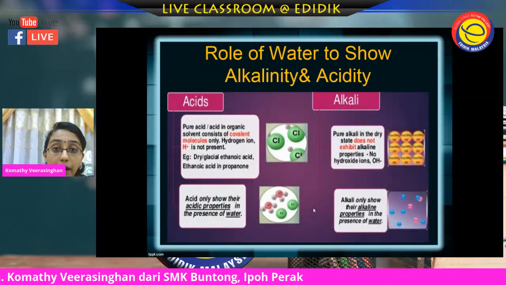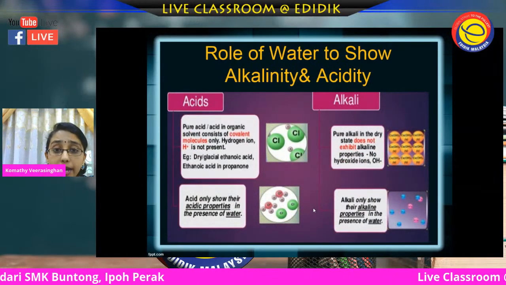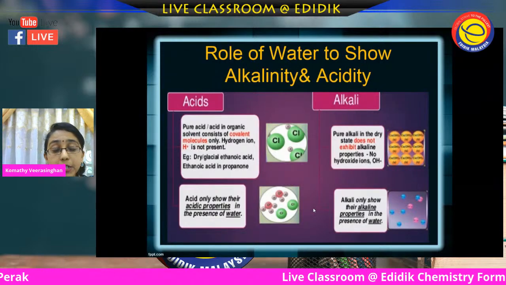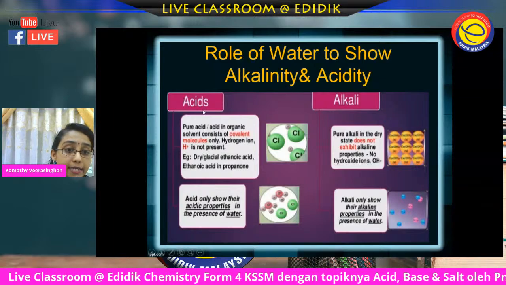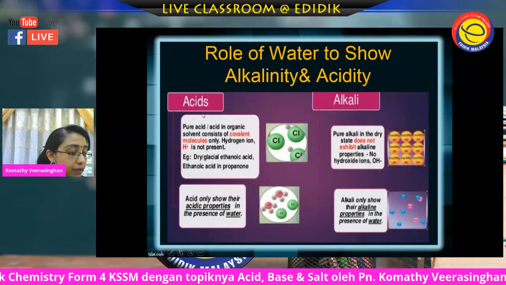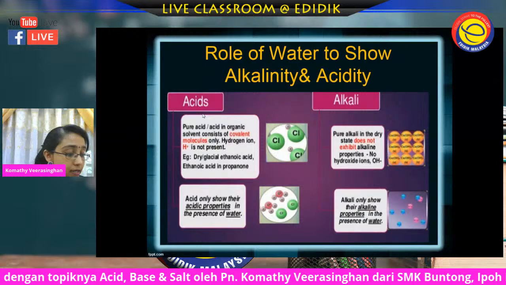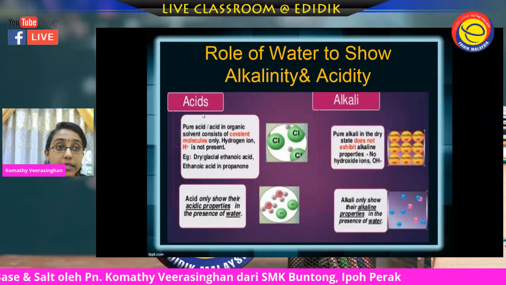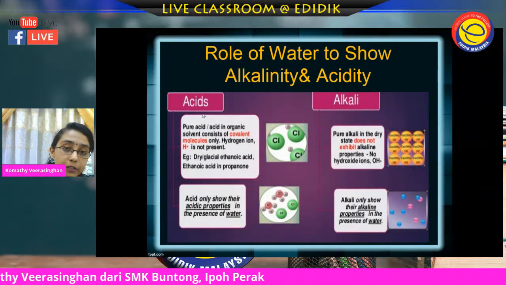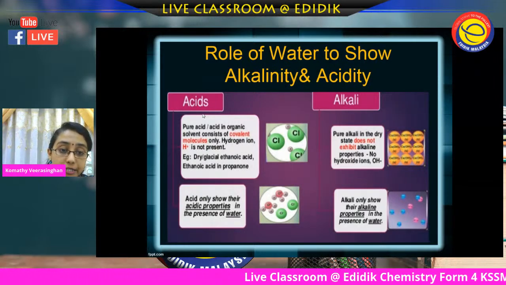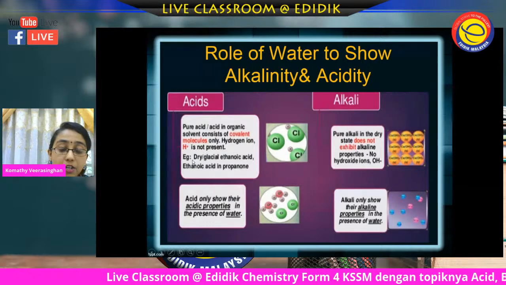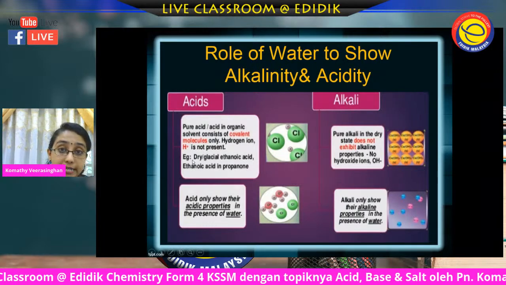Okay, why do acids or alkalis need water? Let's look at this diagram here. For acids, there are two conditions. We call it the absence of water. That means the acid does not have water. Which condition is that? When you see the word dry or glacial.